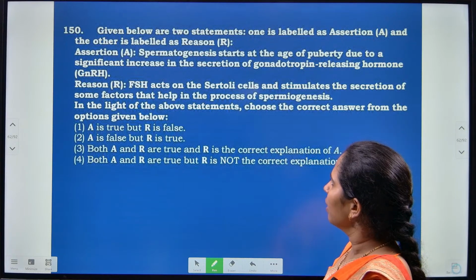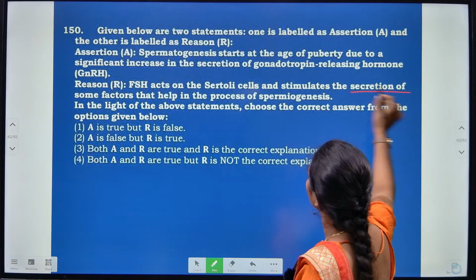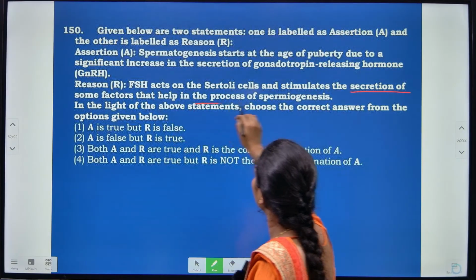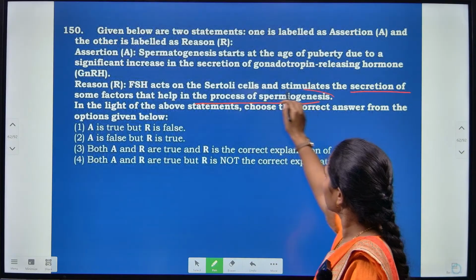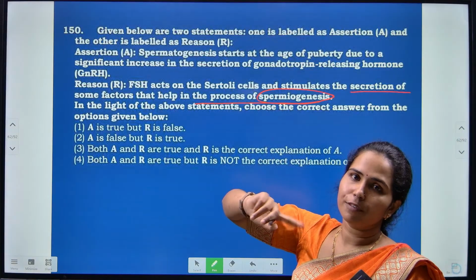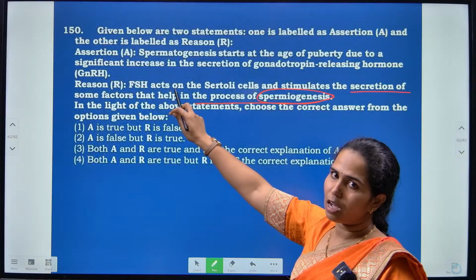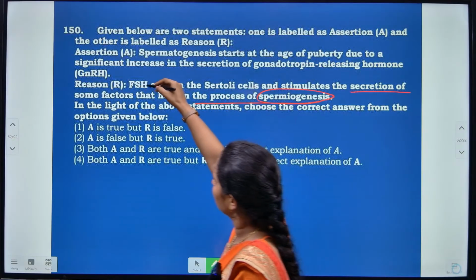Yes, it is right. FSH acts on the Sertoli cells and stimulates the secretion of some factors that help in the process of spermiogenesis. Now what is spermiogenesis? Spermiogenesis is nothing but the conversion of spermatids into spermatozoa, and it is with the help of the FSH hormone.